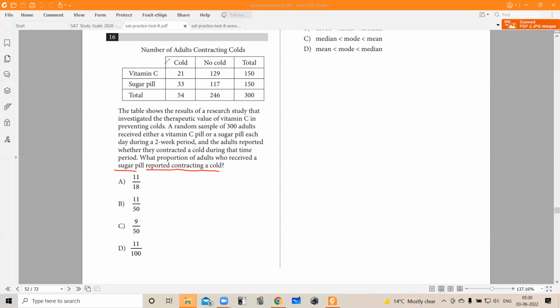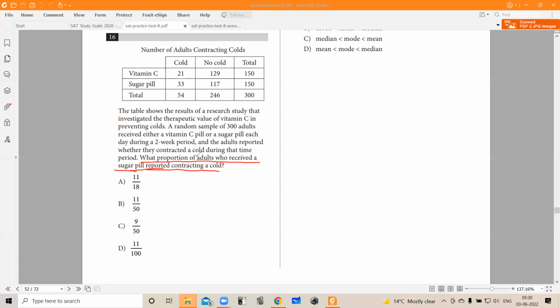The number of adults that contracted the cold was 54. 54 is the total, right? Yeah. What about those persons who are having the sugar pill and got the cold?